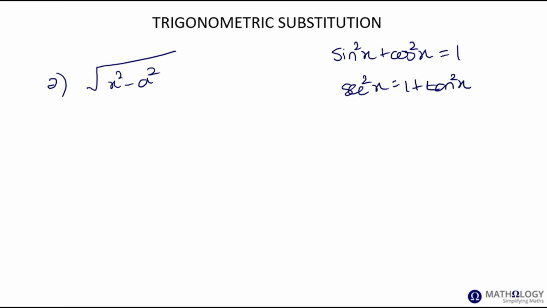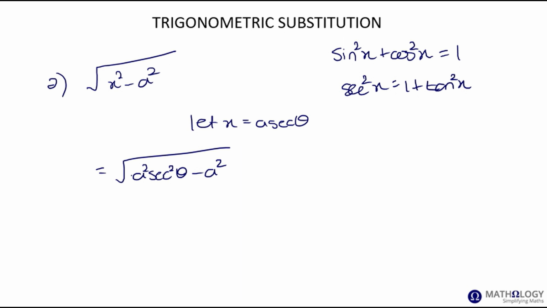Similarly, if we're given the expression root x squared minus a squared, then we're going to let x equal a sec theta. The reason is because this expression will reduce to, x squared will be a squared sec squared theta, minus a squared, square root of that.